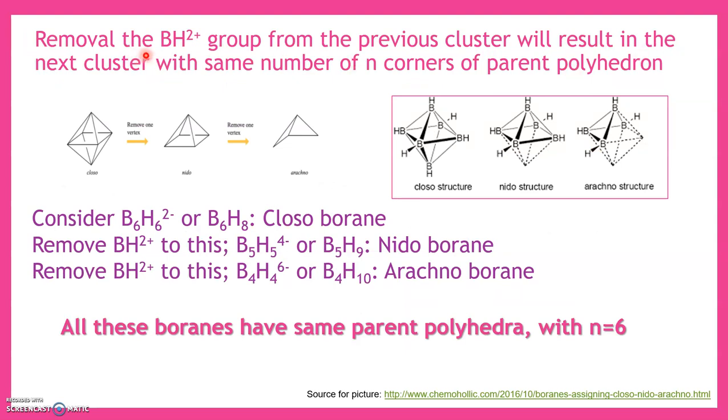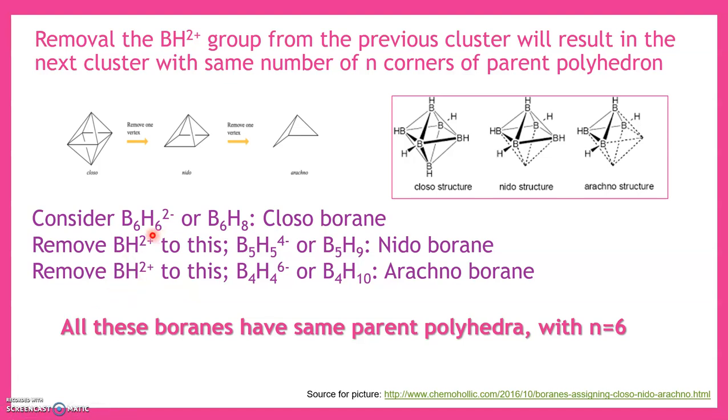Now, removal of a BH2 plus group from the previous cluster will result in the next cluster with the same number n of corners of the parent polyhedron. So, I'm considering the structure B6H6 2 minus or B6H8, which is a closoborane. I'm removing the BH2 plus.